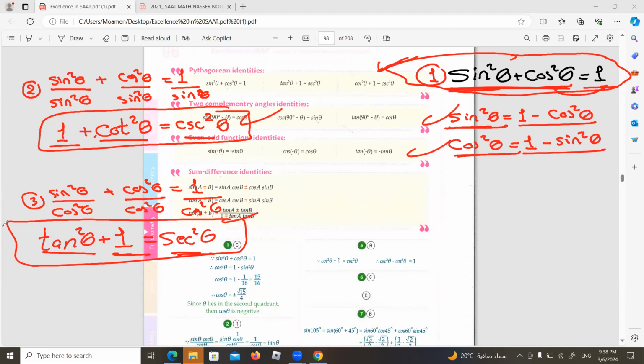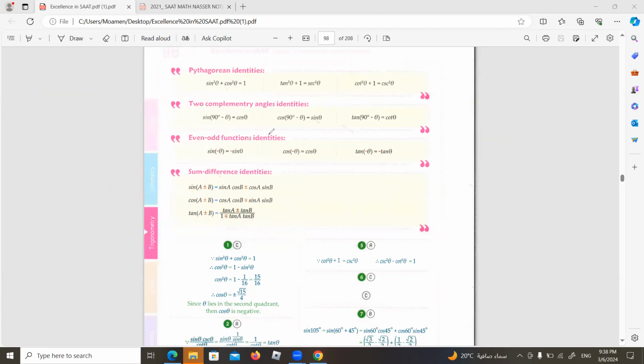We're going to the complementary angles identity. Pay attention with me, please. In this problem, you must know that sine equals cosine, and tan equals cotan, if the two angles are complementary.